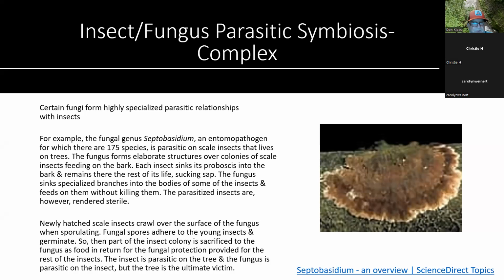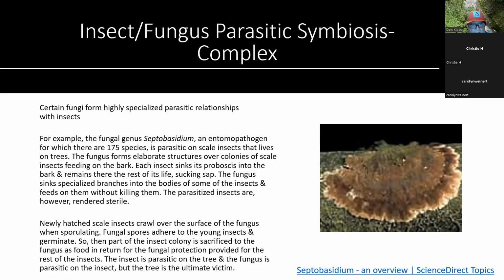What happens is certain fungi form highly specialized parasitic relationships with insects. For example, what we are looking at here, an example of the fungal genus Septobasidium, which is an entomopathogen, of which there are 175 species, is parasitic on scale insects that live on the trees. And we're going to talk about scale insects.